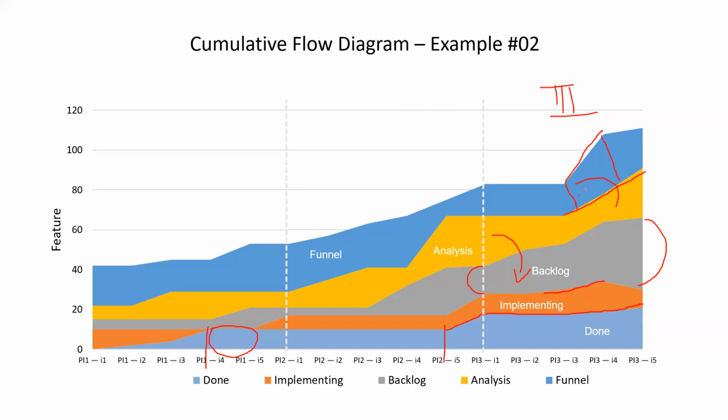This flow is going at a steady pace because the requests are moving from funnel to analysis and from analysis to backlog. But the issue is that backlog to implementing is not moving, and implementing to done is not progressing. So the first 2 stages are good. The third and fourth are where we are getting stuck.